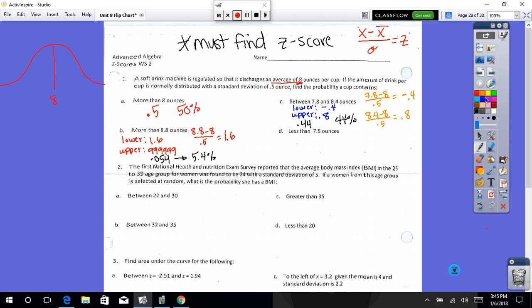Less than 7.5. Again, I have to get my z-score, so 7.5 minus 8 divided by the standard deviation gives me a z-score of -1.